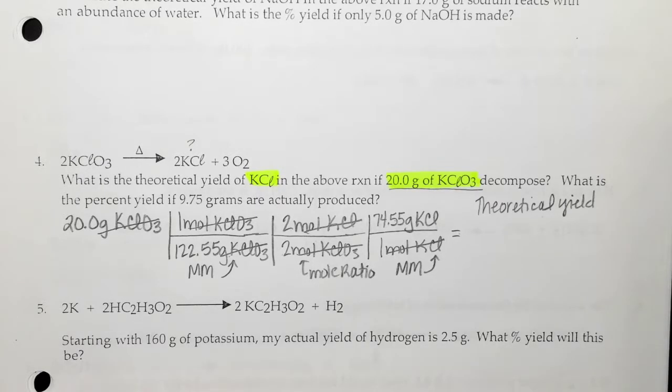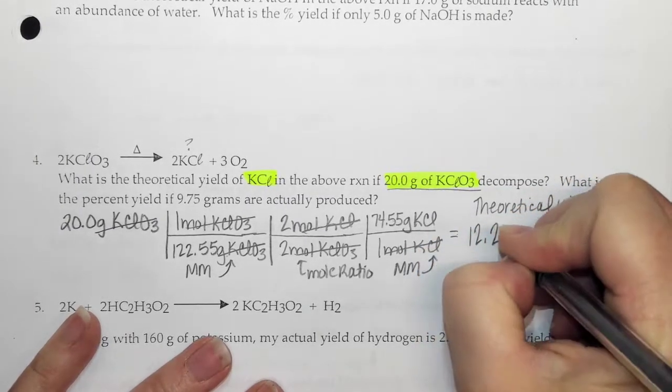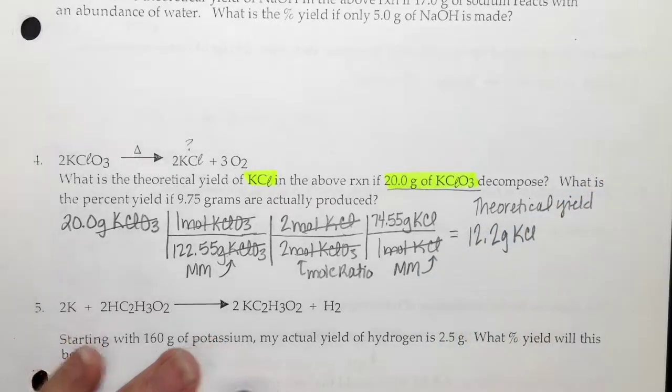I gave you 3 sig figs in the beginning, so I need 3 sig figs in the end. What do we got? 12.2. Very good. 12.2 grams of KCl. So this was a 2-part problem, and we did part 1. We have the theoretical yield, 12.2 grams of KCl.